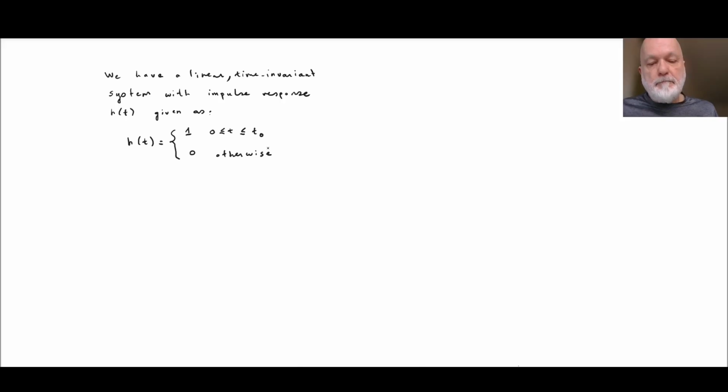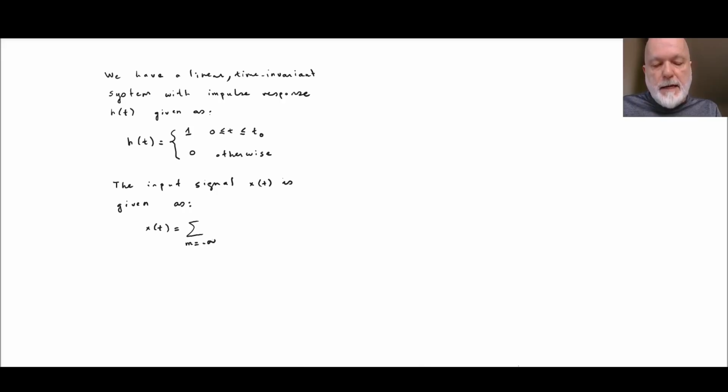Now, the input signal x of t is given as our well-known periodic impulse train, which is given by the following expression: the sum over m from minus infinity to plus infinity of delta of t minus m t0.